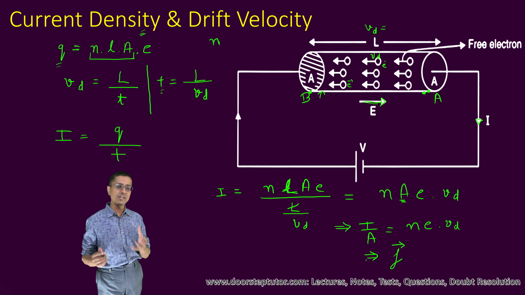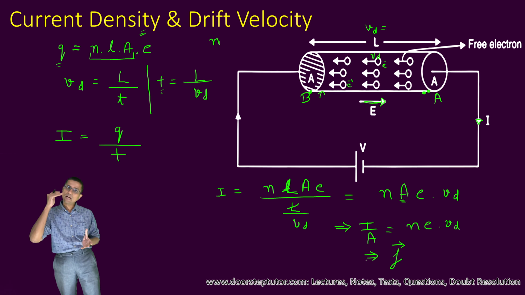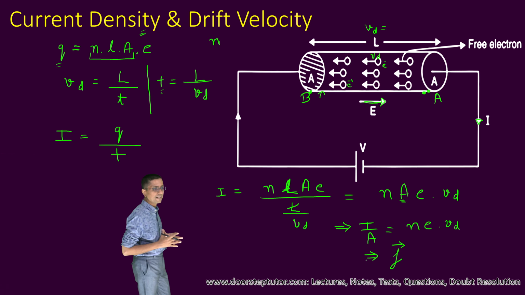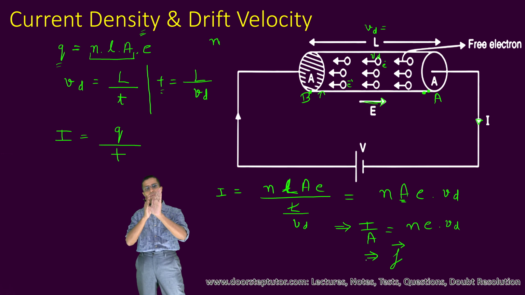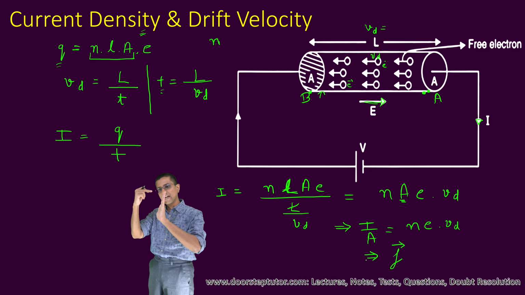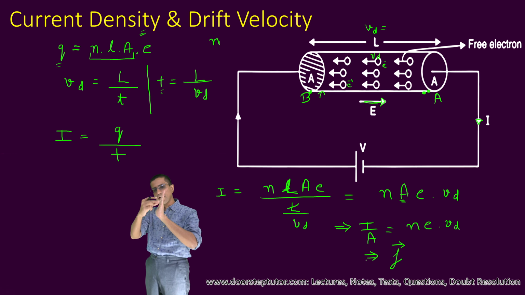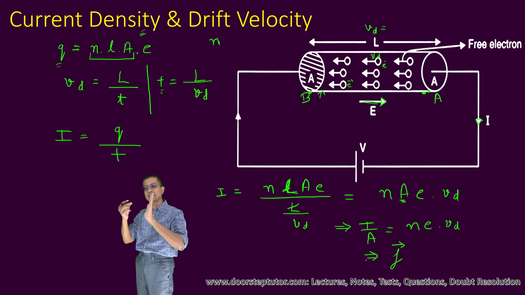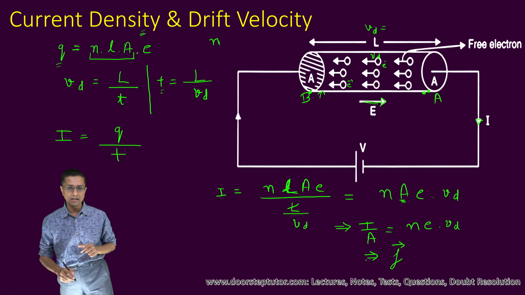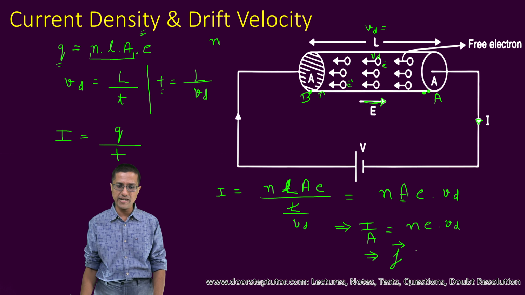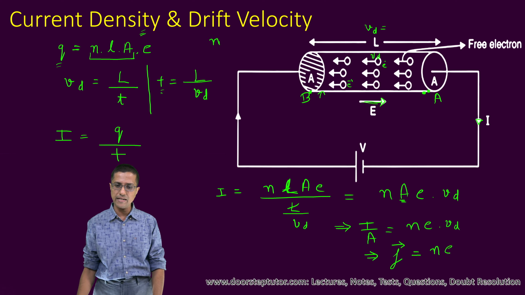It is the current flowing per unit area of the conductor. Think about it this way: across this cross section, per unit area, how much current is flowing, that is the current density. So J is equal to n e Vd.